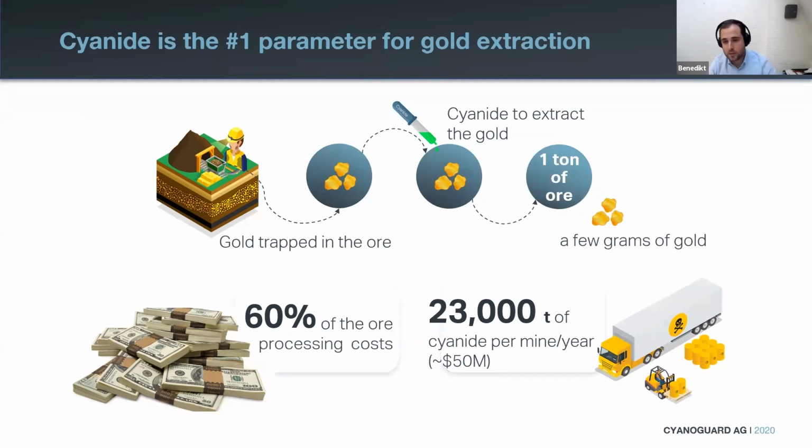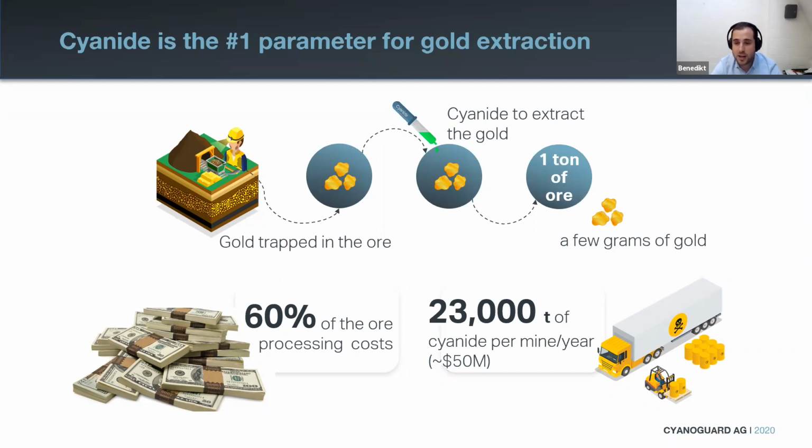Actually, in one of the mines that we work with, we've seen that just the cyanide purchasing costs were exceeding more than 60% of the processing costs. And that's quite a big topic for many mines looking for ways to optimize their process and reduce their cyanide consumption. The big challenge with cyanide is really to get it right.